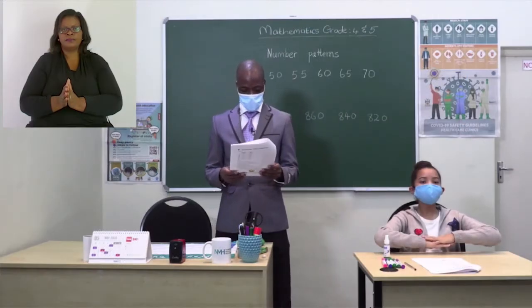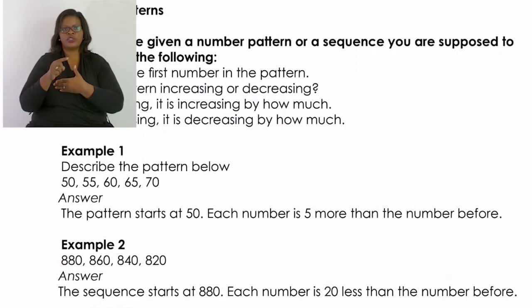Let us go to page 13 on the bottom. It's written number patterns. When you are given a number pattern or a sequence, you are supposed to take note of the following. The first one, you are supposed to identify the first term, or the number which is written first.